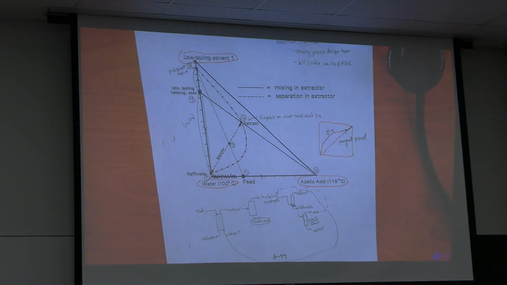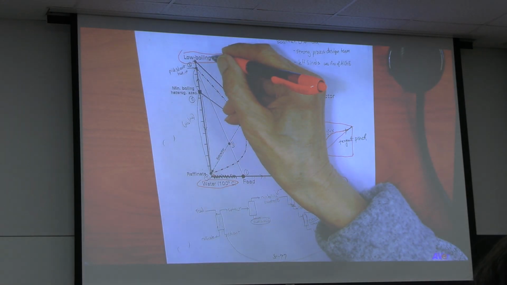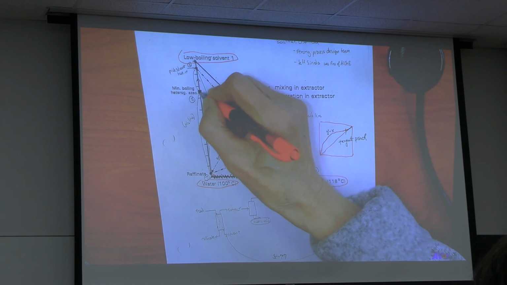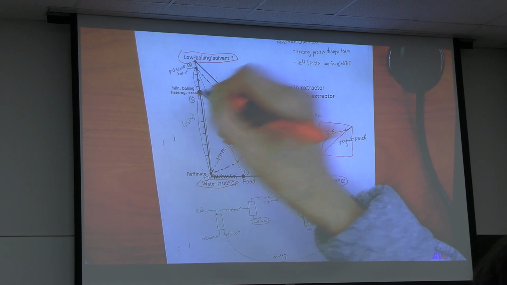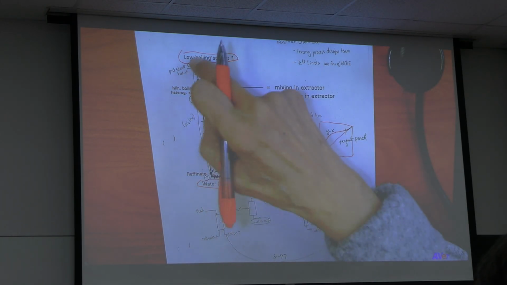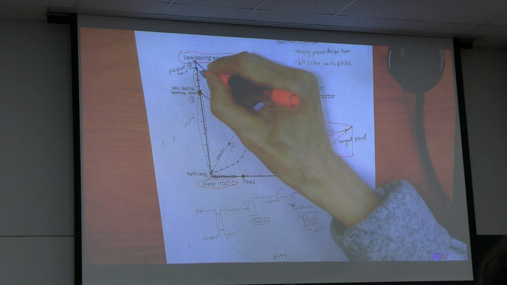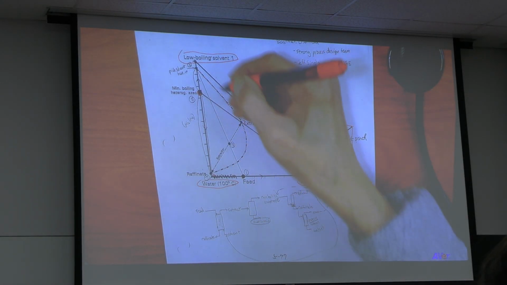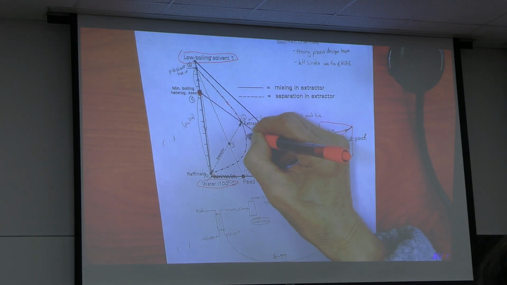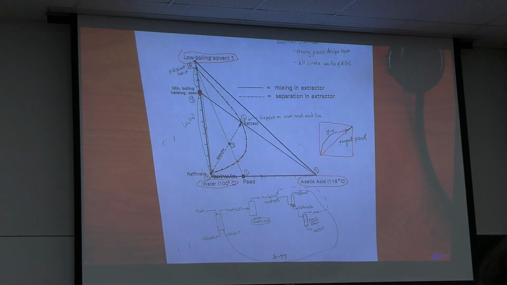So now, you find a solvent creating an azeotrope with water. Not only that, that's a two-phase region. You say, why are you doing it like this? Crazy.